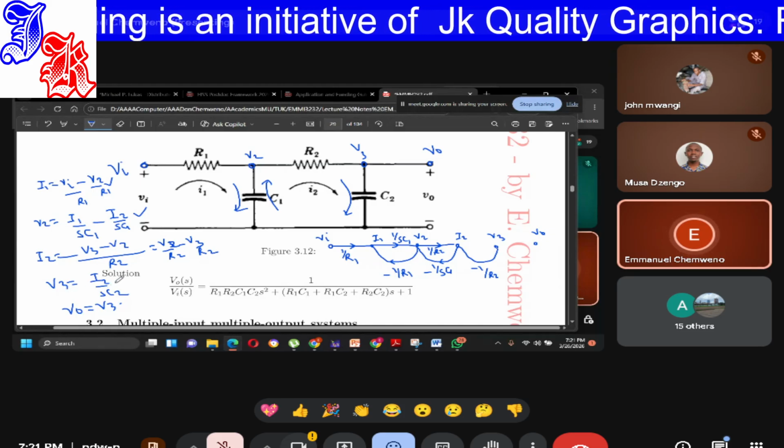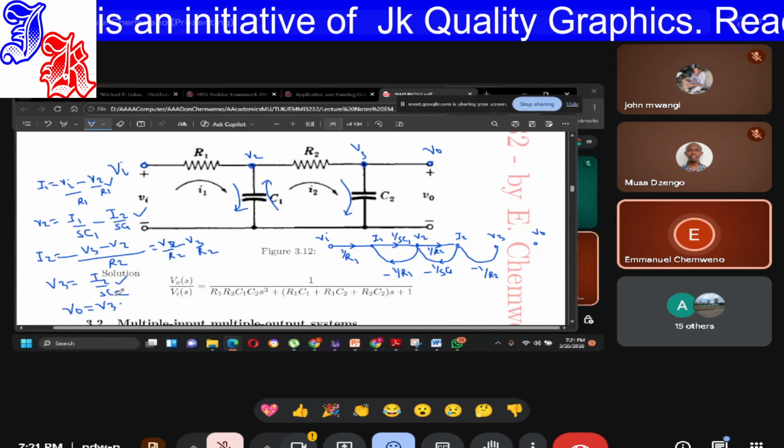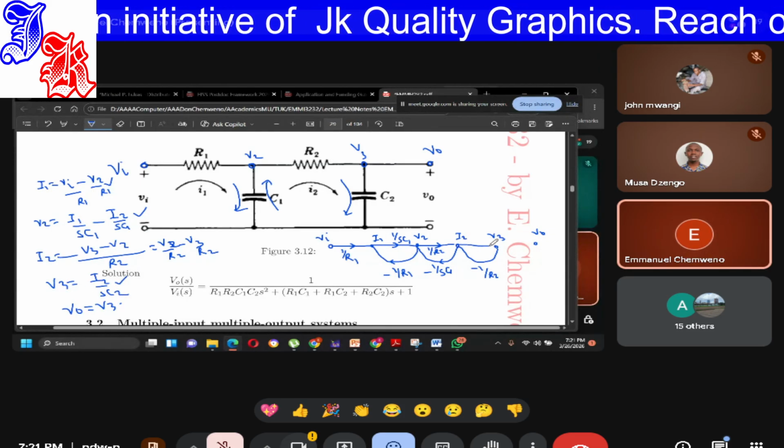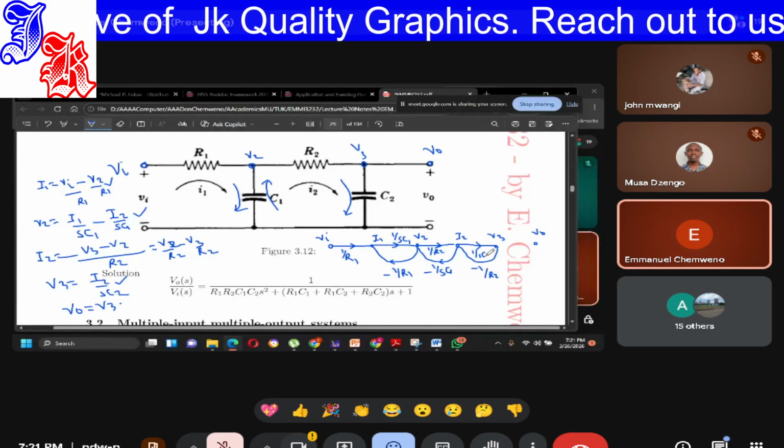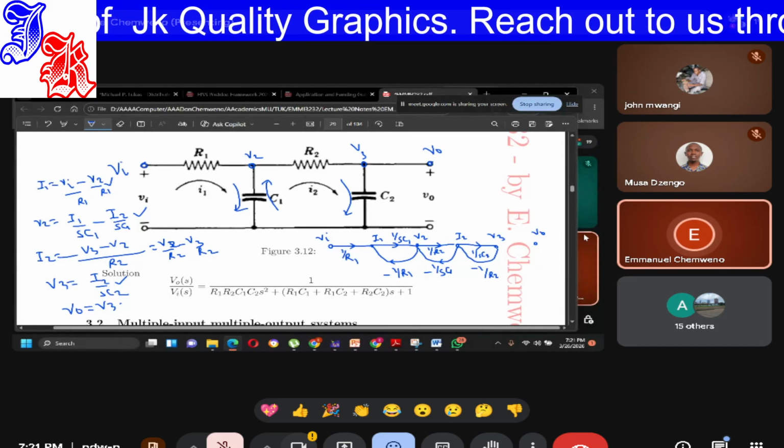And V3 is 1 over SC2 I2. So this I2, I multiply by 1 over SC2. And V0 is equal to V3.